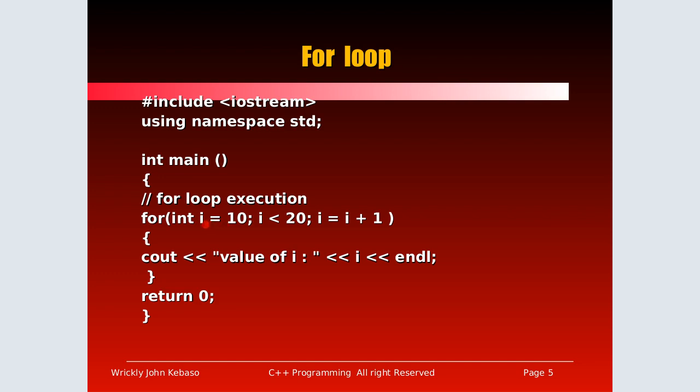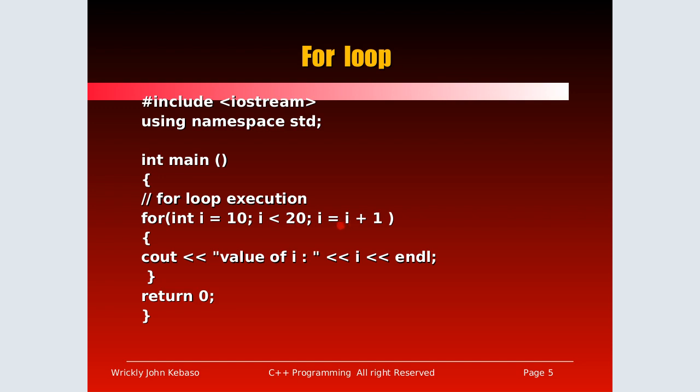Initialization is the process of giving a variable a number. We have initialized it, we have given it 10, that's the lowest part. Then semicolon, then we give the limit. I starts from 10. Let it not reach past 20 or reach 20. If it reaches 20, the loop will stop.